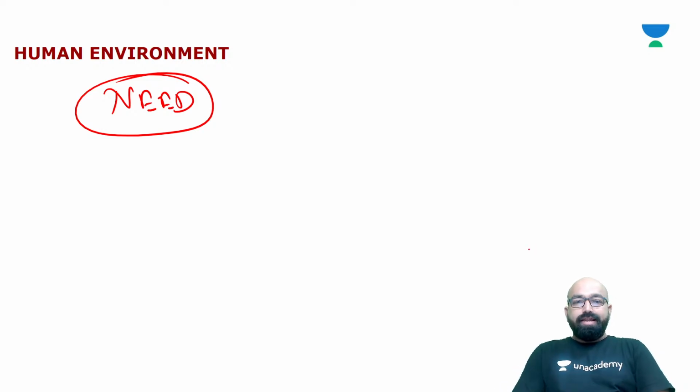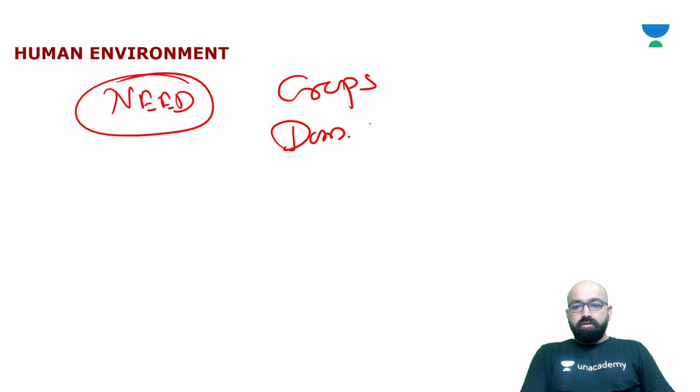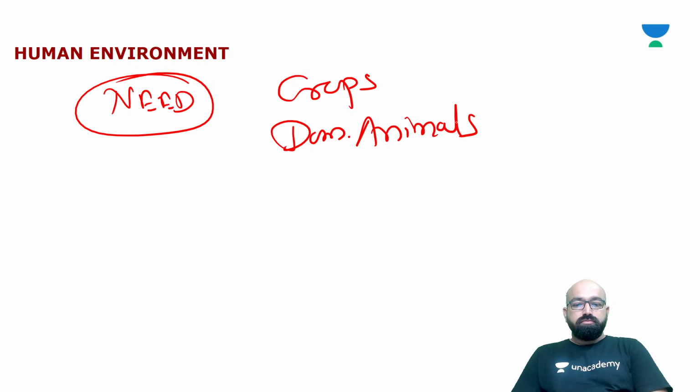So they learned to grow crops, domesticate animals, and settled down. So the wheel was invented, surplus food was produced, barter system emerged, then trade started, and commerce developed.